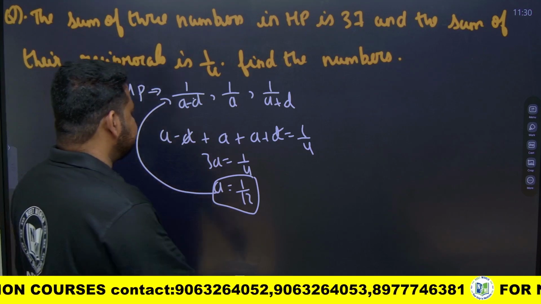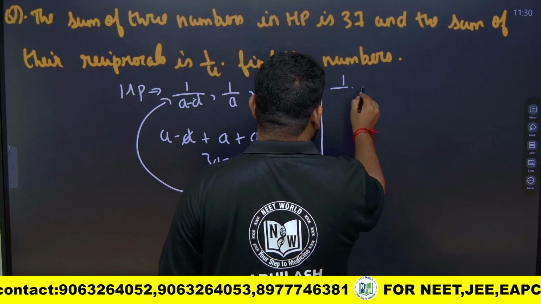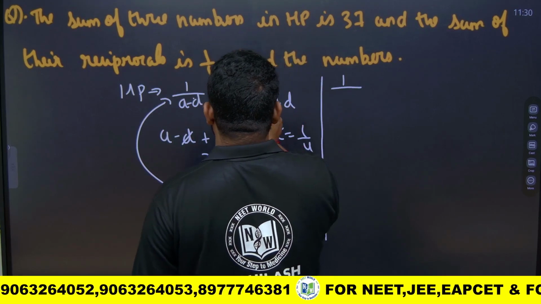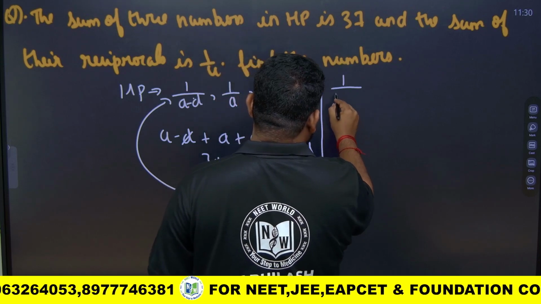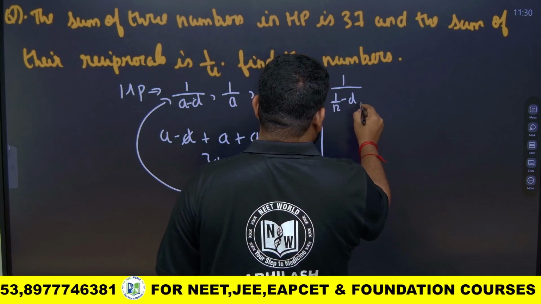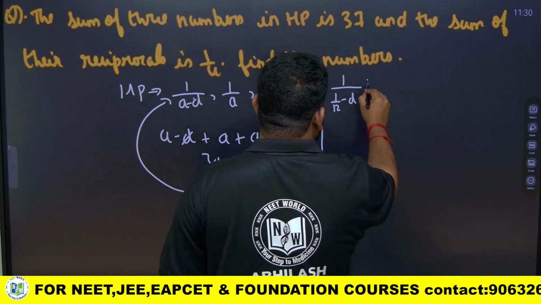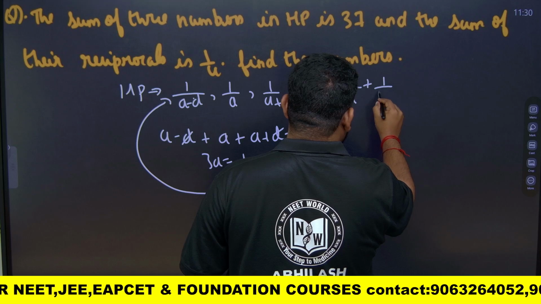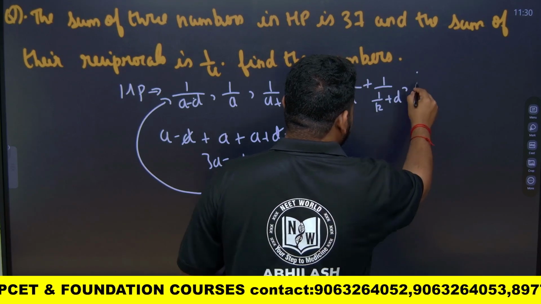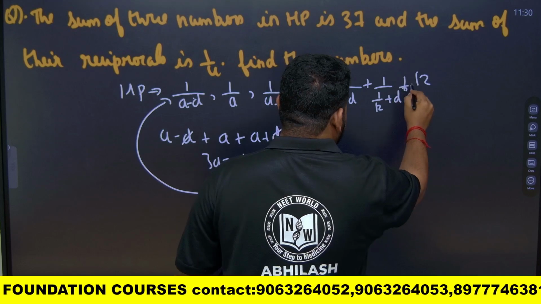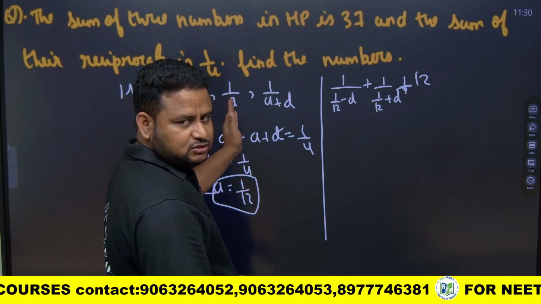So here, if I put A is equal to 1 by 12, I will get the sum of the numbers, which they are telling is equal to 37. So 1 by A minus D is 1 by 12 minus D, plus 1 by 12 plus D, plus 1 by A, which is 12, because A is 1 by 12.